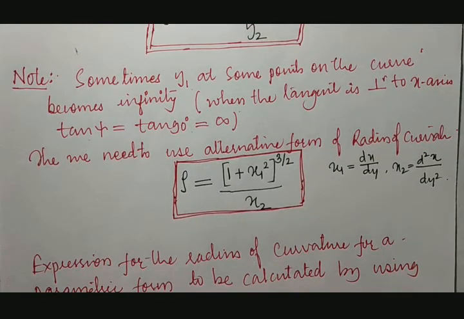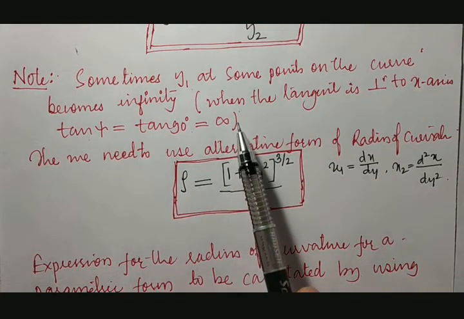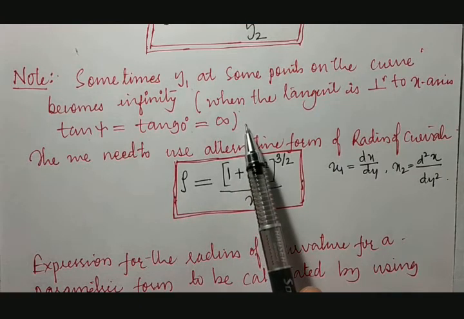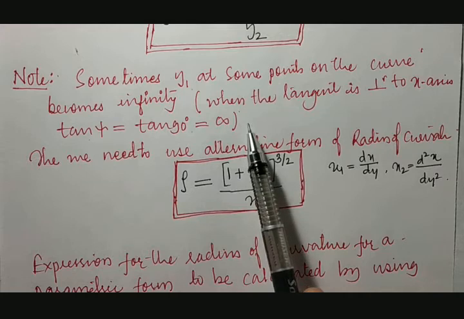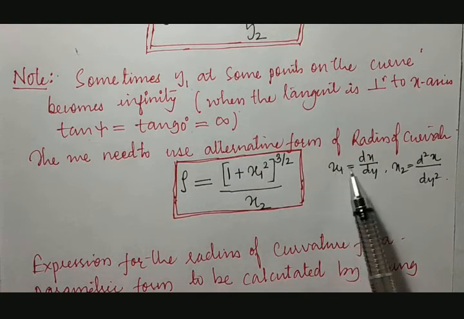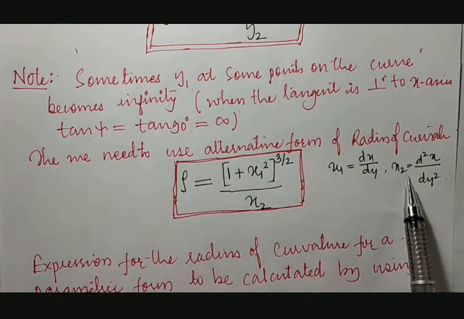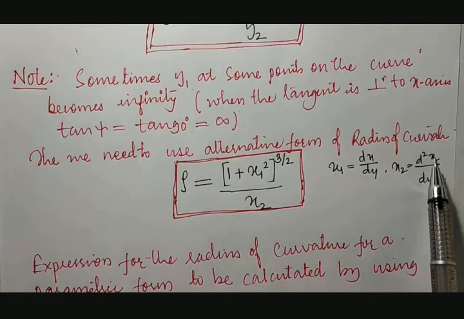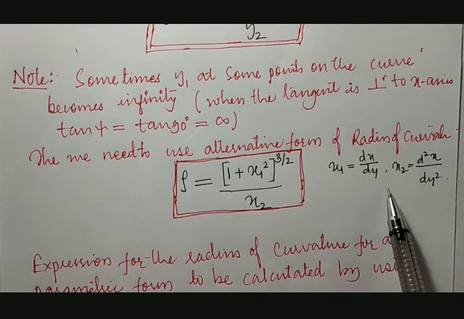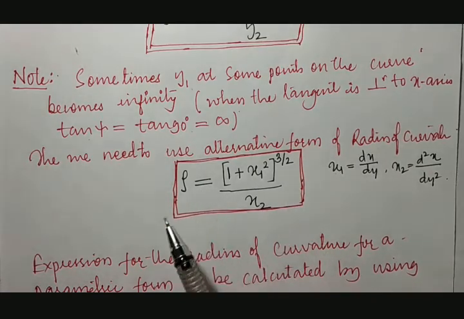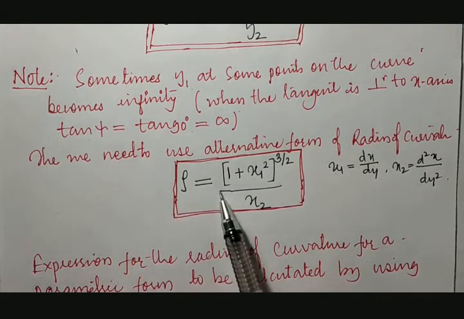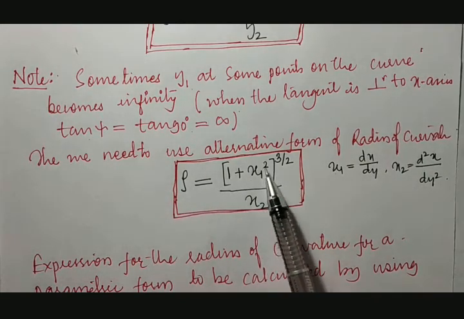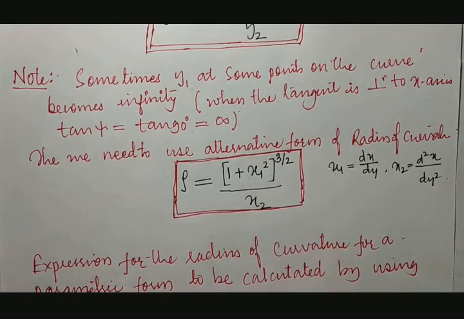So what to do? We need to switch over from y1, y2 to x1, x2. What will be x1 there? dx by dy. What will be x2? d square x by dy square. Then we need to use the alternate form. What does the alternate form say? Rho is equal to 1 plus x1 square raised to 3 by 2 divided by x2.